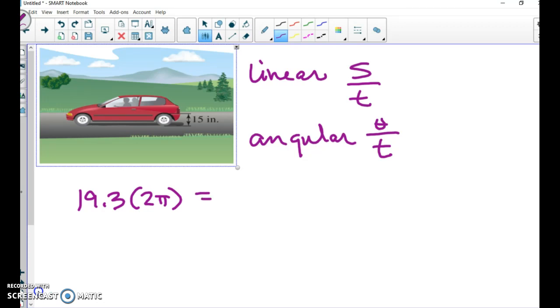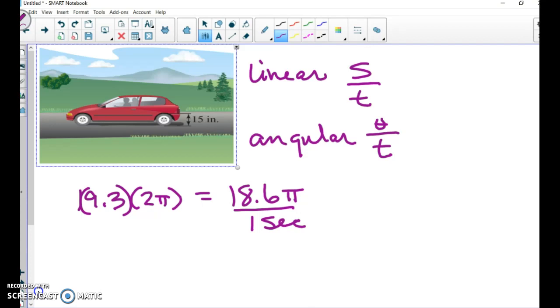So 9.3 revolutions times 2 pi gives us 18.6 pi radians per second. And that is our part A, finding the angular speed.